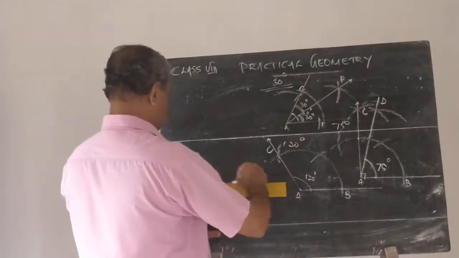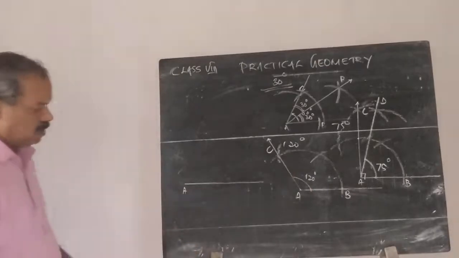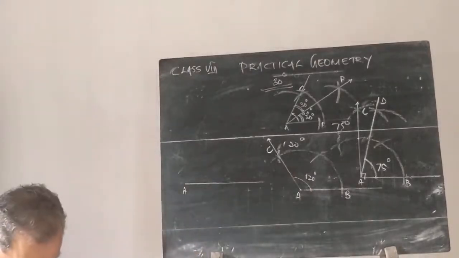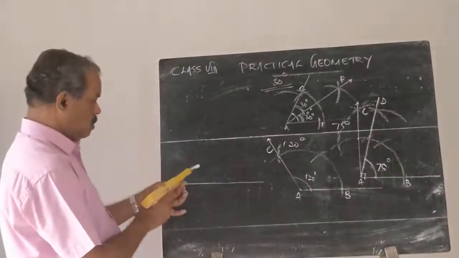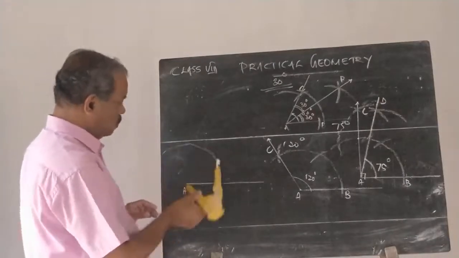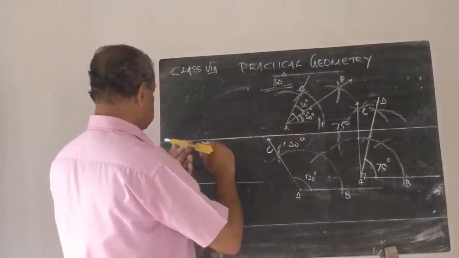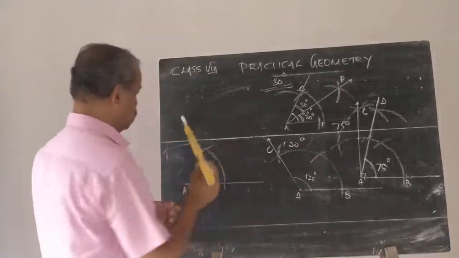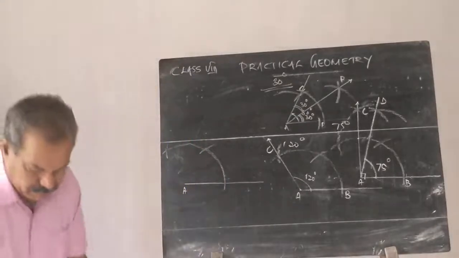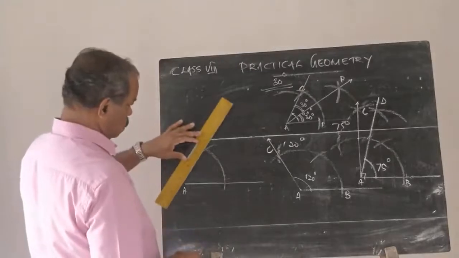So first draw 120 degree. How can we draw 120 degree? First arc, second arc, 60, 120.